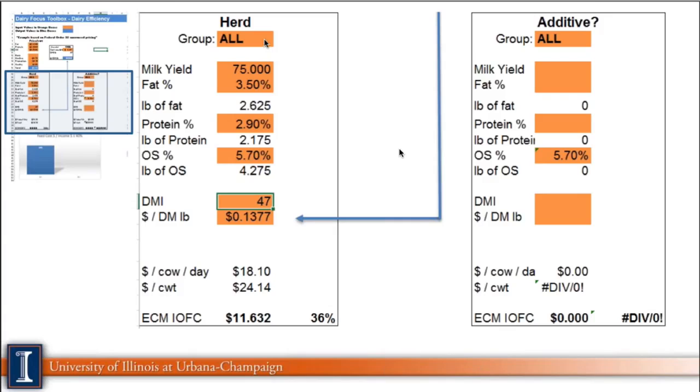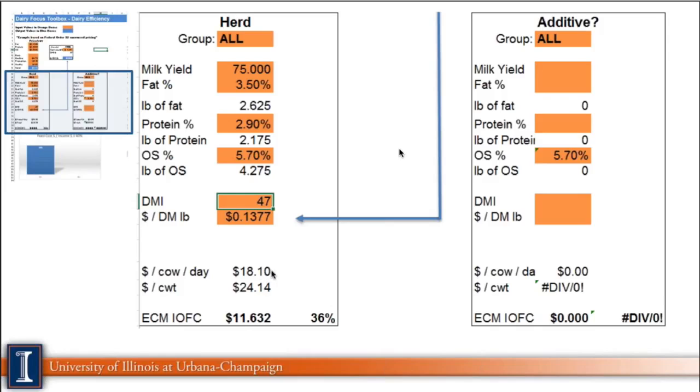You guys can change all the time. It's our orange block. You can do it. This is how much my cows are producing, this much fat, this much protein, this much other solids. This is how much she's eating. We just saw the 47. This is the price per pound. That brings me to how much I'm getting per cow per day.